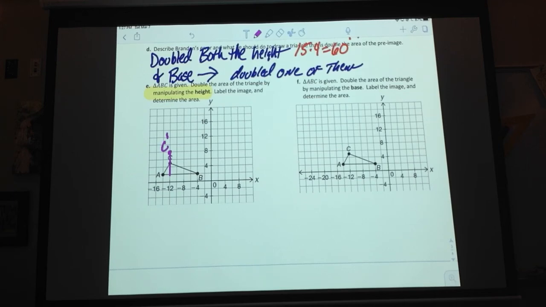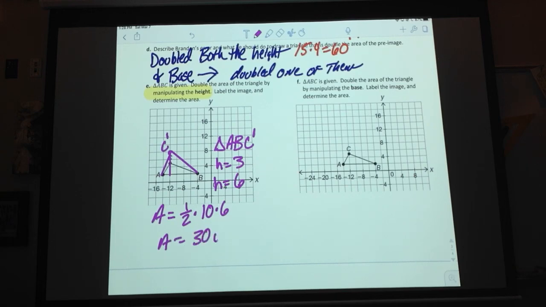So all I'm going to do is draw my lines now, connect, because the only vertex I wanted to change was the C. Now notice that I created triangle A, B, and C prime, because I've manipulated that vertex C. Original height was 3. The height now is 6. So the area of this now is going to be 1/2 times 10 times 6, which is 30 units squared.